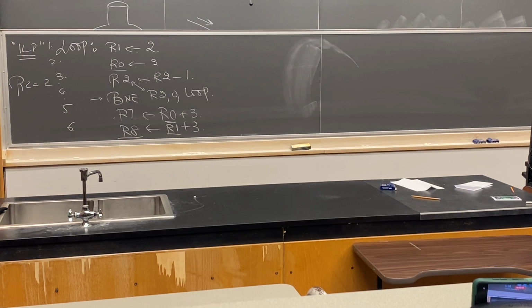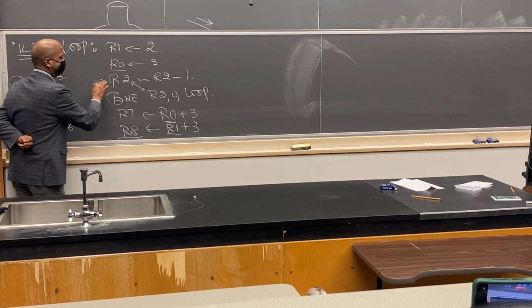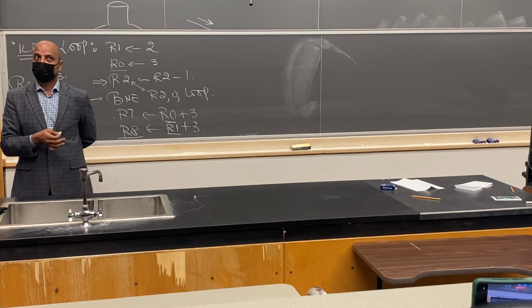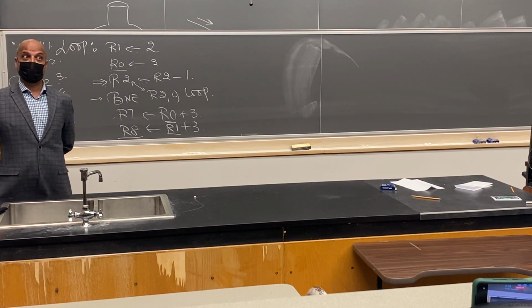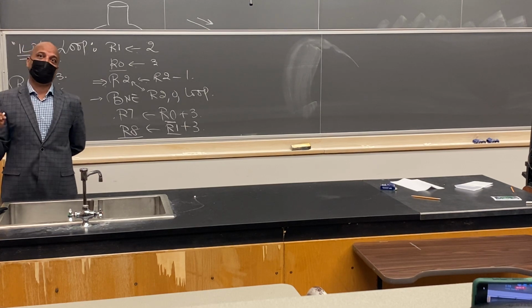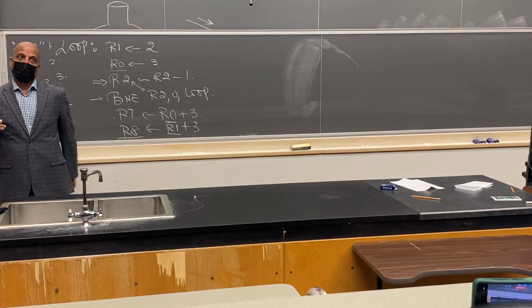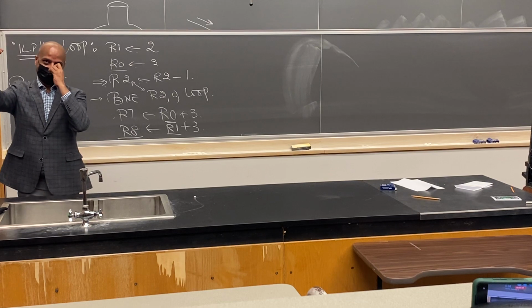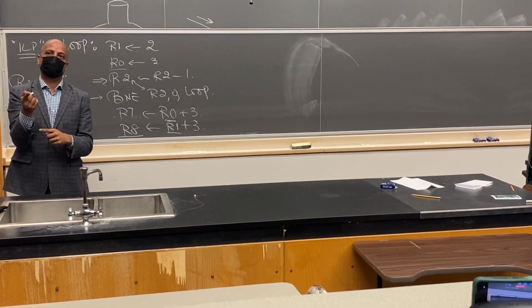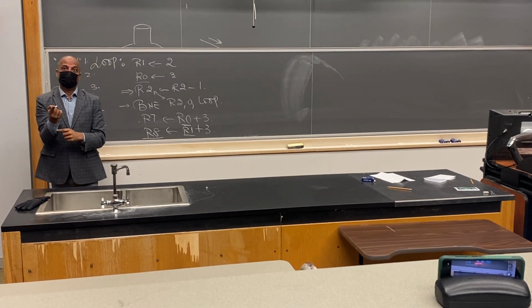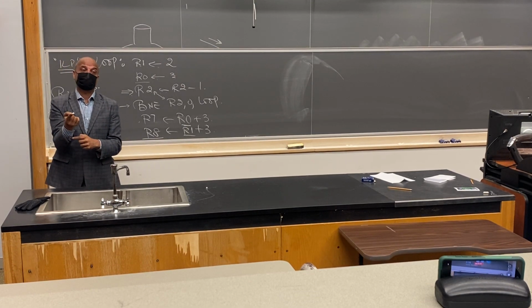Now, if you look at this instruction, R2 equals R2 minus 1, it has no dependency the first time you pass by it. When I come back the second time in the loop, my second R2 is dependent on my first R2.